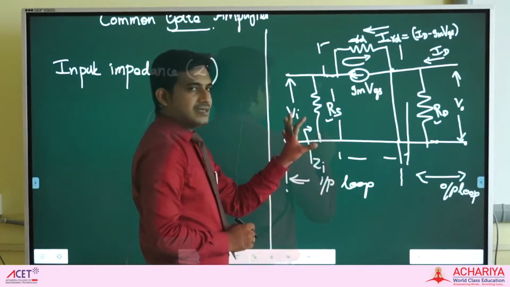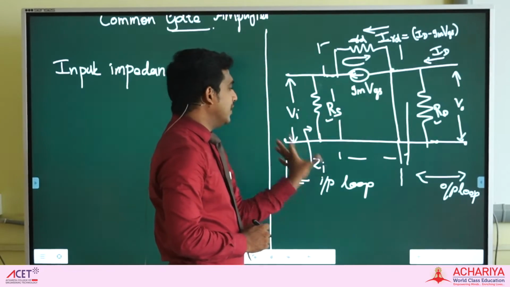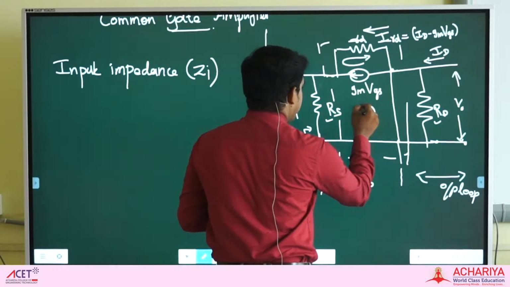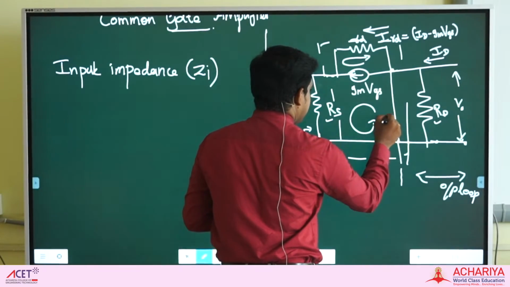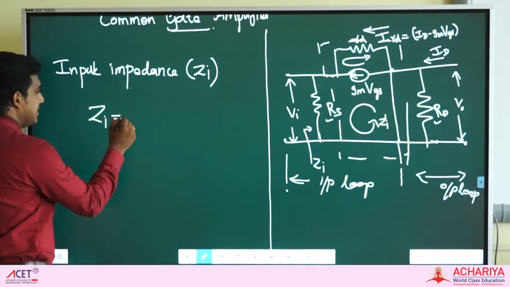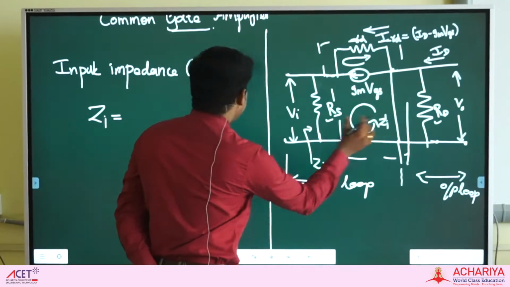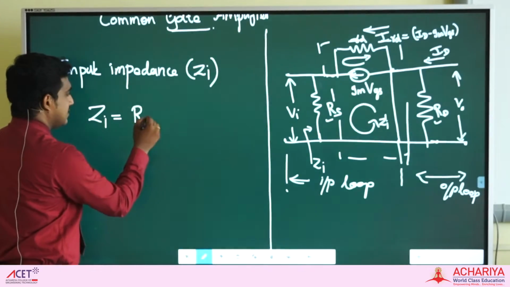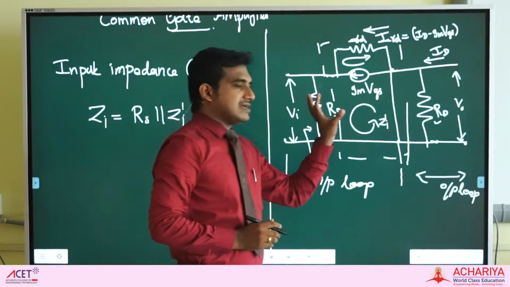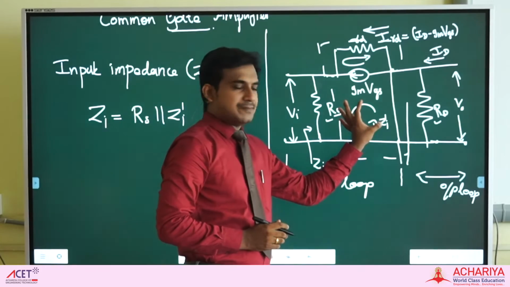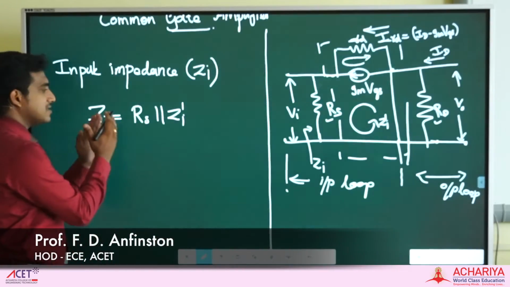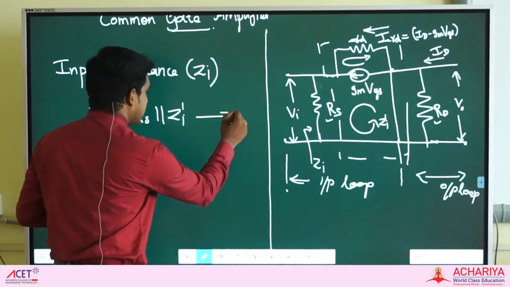The total resistance present in the input loop is Zi. The resistance present in this loop we can consider as Zi dash. So we can write Zi equals RS parallel Zi dash. We calculate the resistance in this part separately and merge it with RS. That's why we write the total equation as RS parallel Zi dash. Consider this as equation number 1.